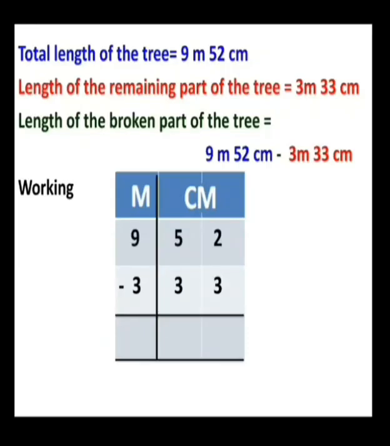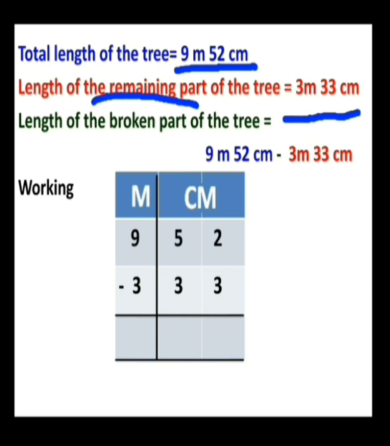Now children, first we will write the information that we have received from the question. So, the total length of the tree is 9 meter 52 centimeter. Next information what we have received, that the length of the remaining part of the tree is 3 meter 33 centimeter.